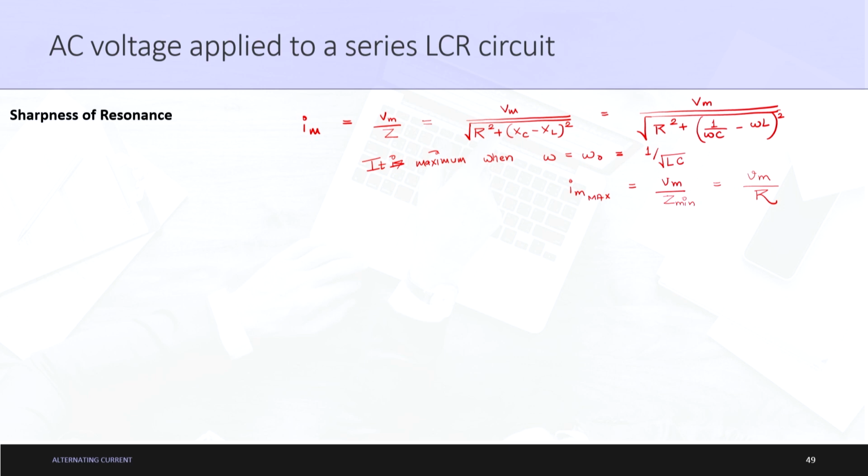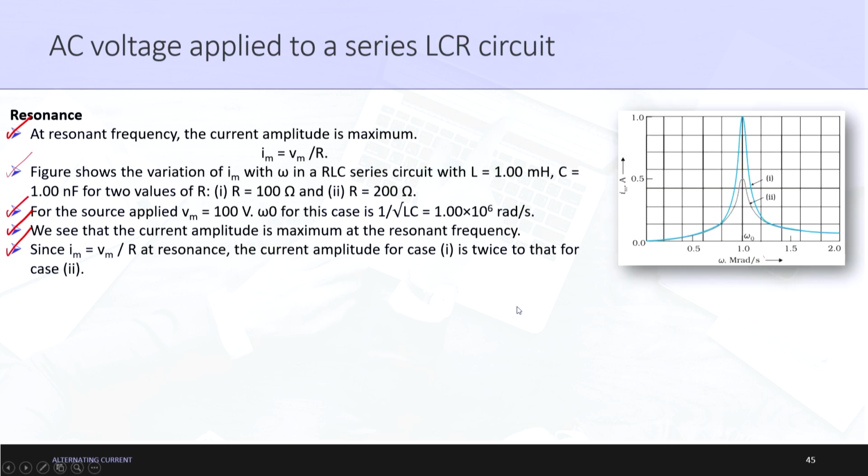Now, let us try to understand another concept. If you look at this diagram very carefully, apart from the frequency omega naught, for all different frequencies, if I make a horizontal line at some location, then for each horizontal line, or each value of current, I am getting two different values of omega.